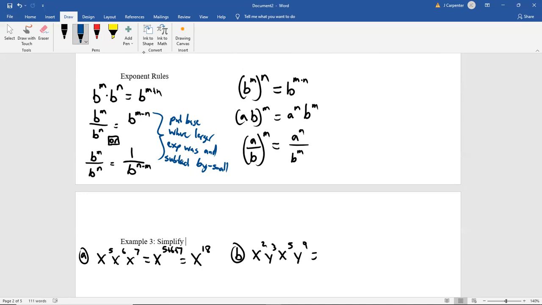So it's the x squared and the x to the 5th that we can combine, and then the y to the 3rd and the y to the 9th that we can combine. So we'll go x to the 2 plus 5, and then a y, that's a terrible looking y, it almost looks like an x, to the 3 plus 9. 2 plus 5 being 7, so that's x to the 7th. And then 3 plus 9 is 12, so y to the 12th.